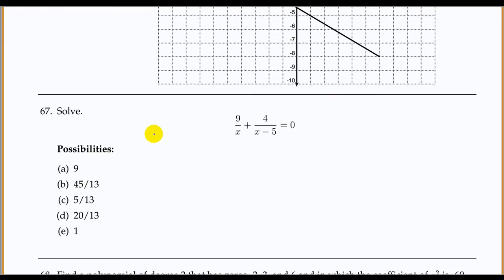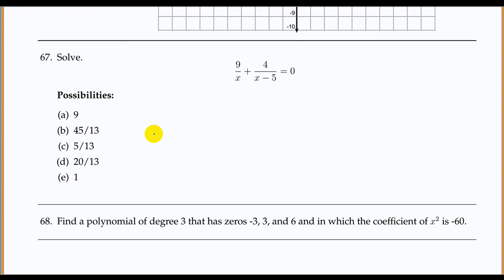The next problem, number 67. Solve this equation. So multiply by the product of the two denominators.